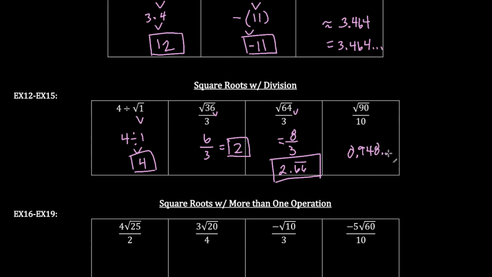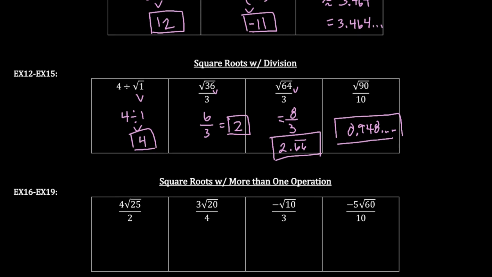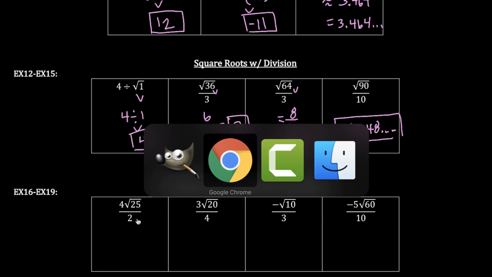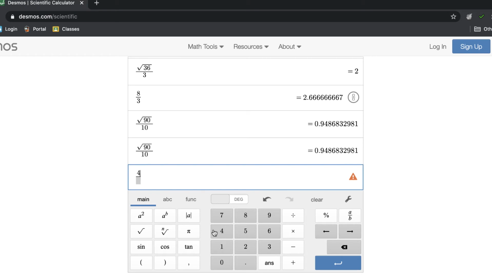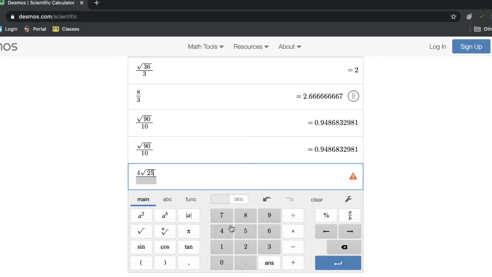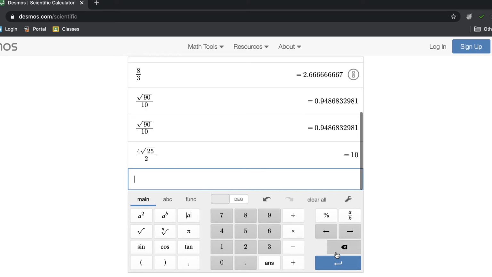948, and it keeps going. Okay, so we can do the same thing for these. 4 times square root of 25 over 2. Oh, this one shouldn't be that bad.